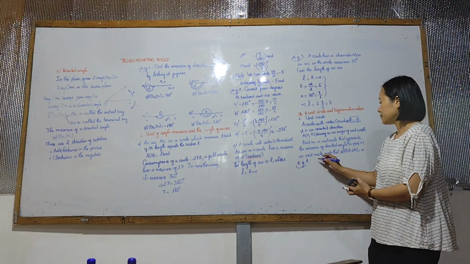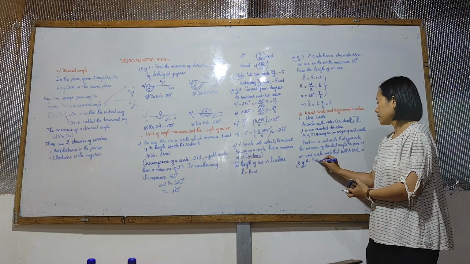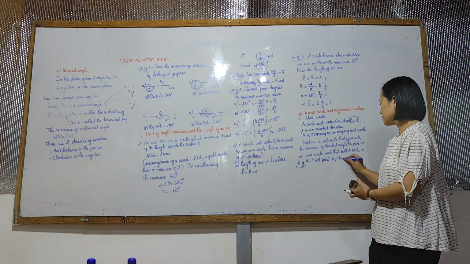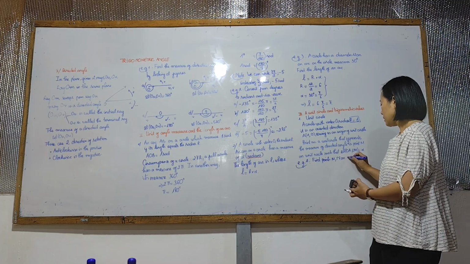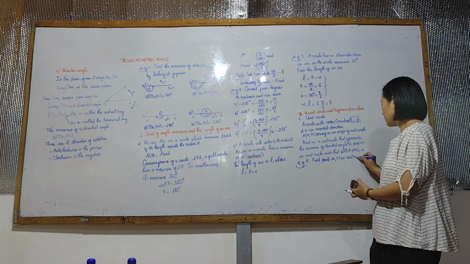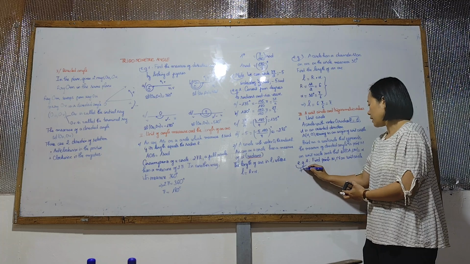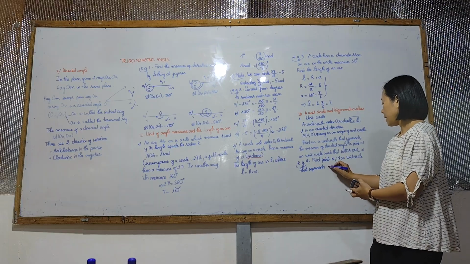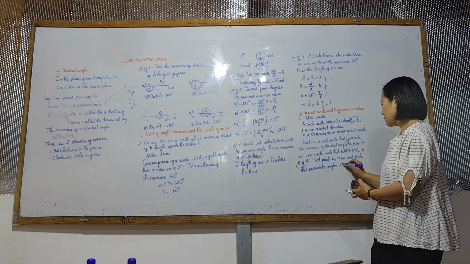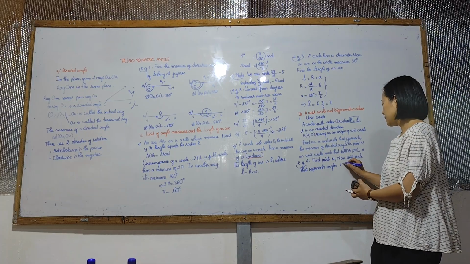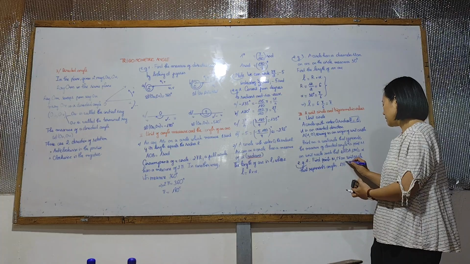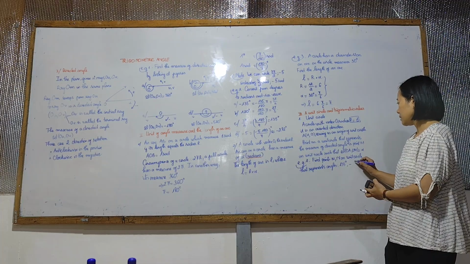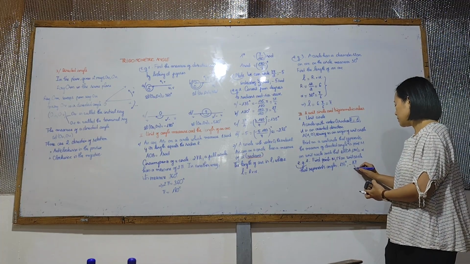So we have example 4. Find points M and N on the unit circle that represent angles 135 degrees or negative 2π over 3.